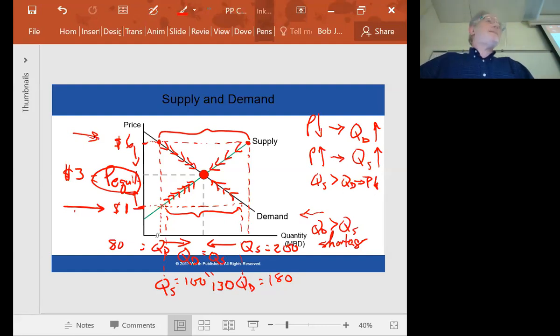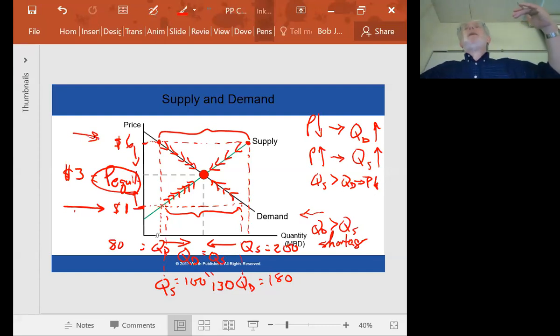Important point to make here, don't get confused between a surplus and consumer surplus. Okay? Unfortunately, those are very similar terms, very easy to confuse, but they are totally separate things. Consumer surplus and producer surplus have to do with the total gain the consumer is getting.